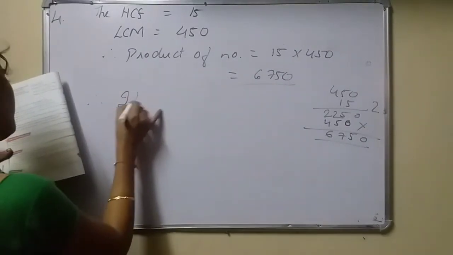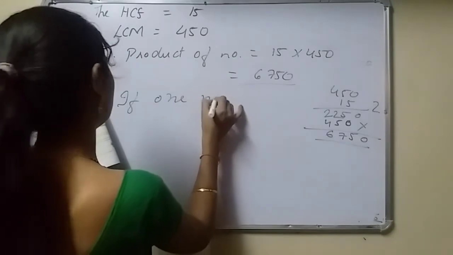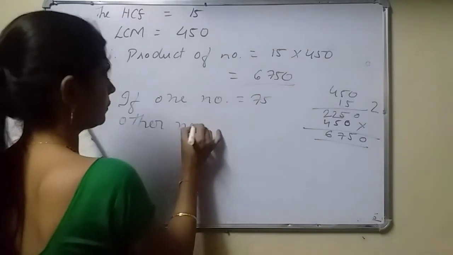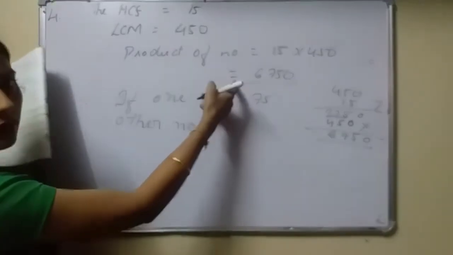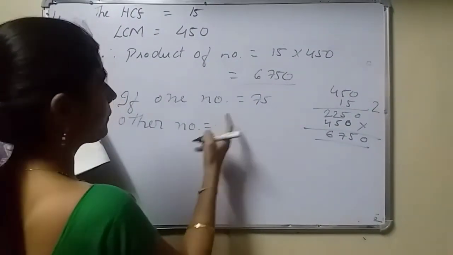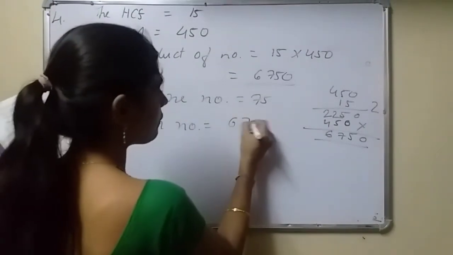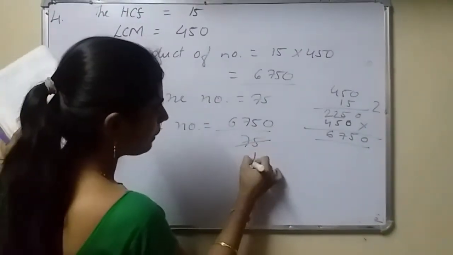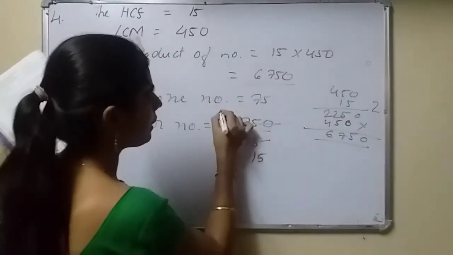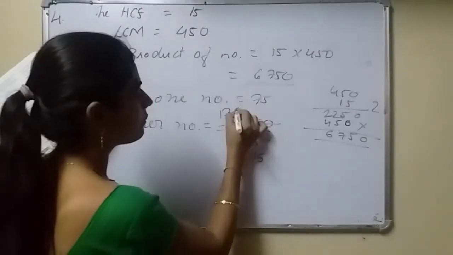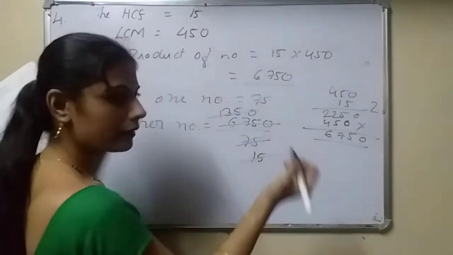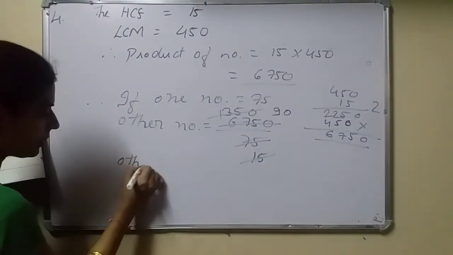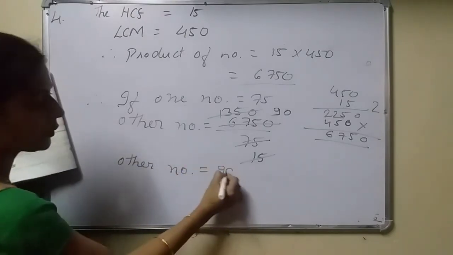Therefore, if one number is equal to 75, the other number is equal to product of numbers divided by the one number given, means 6750 divided by 75. Now divide it by 5. 5 1s are 5, remainder 2, 5 5s are 25, 5 1s are 5, 5 3s are 15, 5 5s are 25, 0. Divide directly by 15, 15 9s are 135, 0. Therefore, the other number is equal to 90.